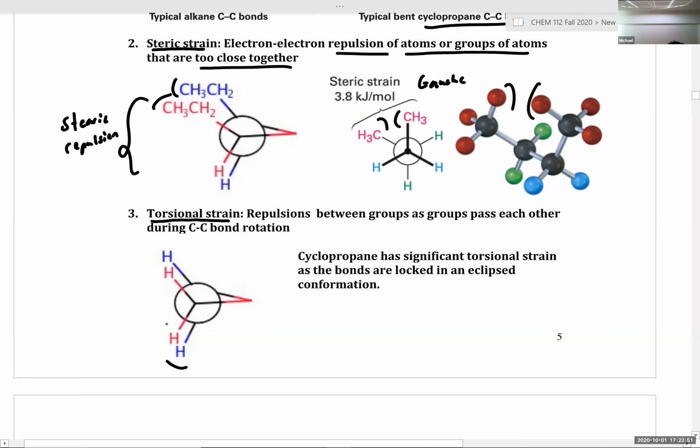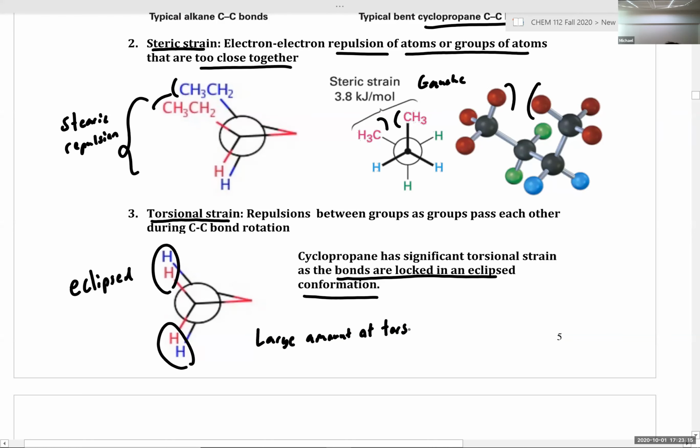All of our substituents in our cyclopropane ring are eclipsed because our cyclopropane ring is locked into this specific conformation. So the bonds are locked into an eclipsed conformation, and as a result, we have a large amount of torsional strain.